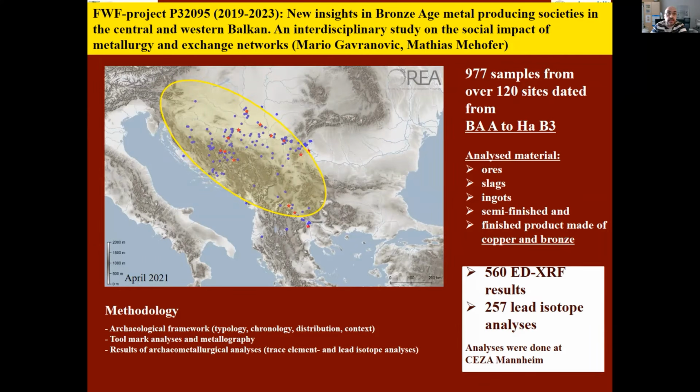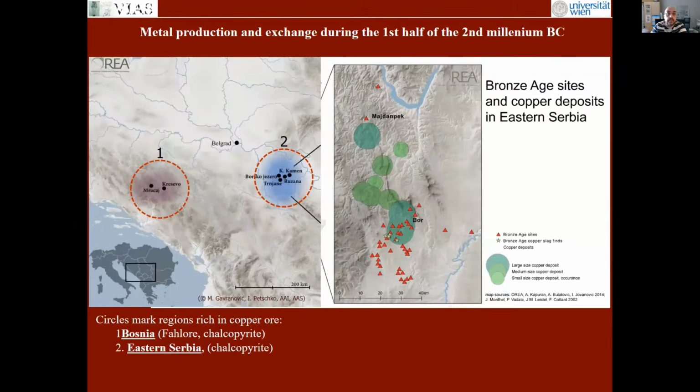Everybody believed that the local copper sources, the local ore deposits here in Bosnia or in Eastern Serbia, provided the copper for all the rich metal deposits we find in this region. And there was local smelting, local mining, local exploitation, and in that case also local production of the metal. But as you will see later on, these ideas have to be rewritten.